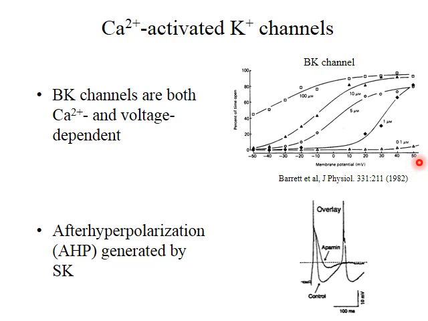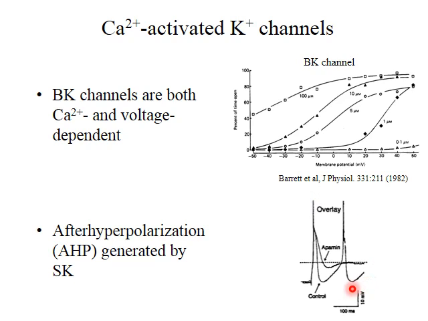However, if we increase intracellular calcium levels to 1 micromolar, 10 micromolar, 100 micromolar, we see that the IV curve shifts to the left, increasing the open probability. So for instance, when the intracellular calcium concentration is 10 micromolar, we see that although the channel is closed at negative voltages, as we depolarize, the open probability of the channel increases. So this channel is modulated both by voltage and by intracellular calcium levels.